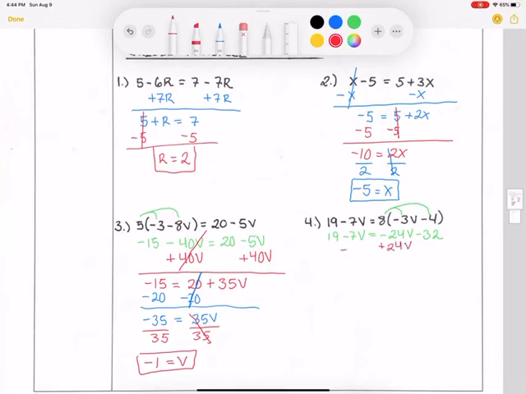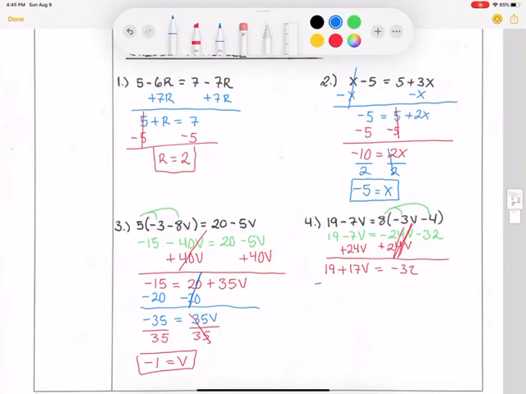So this is going to give me a positive number over here on the left. The 24 v's will cancel. I have 19 plus 17v equals negative 32.